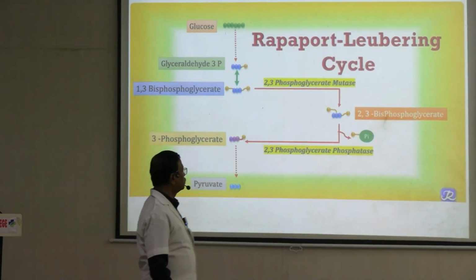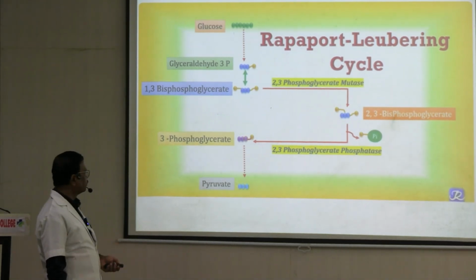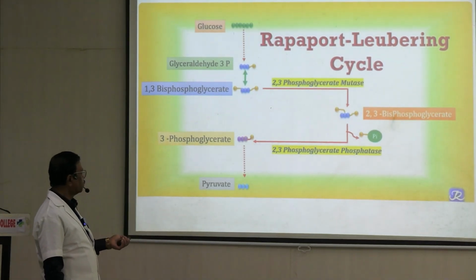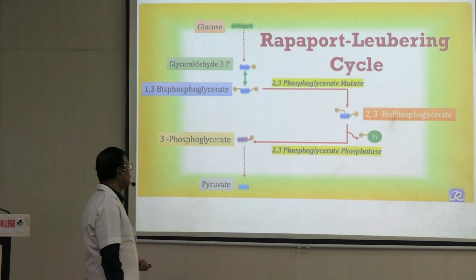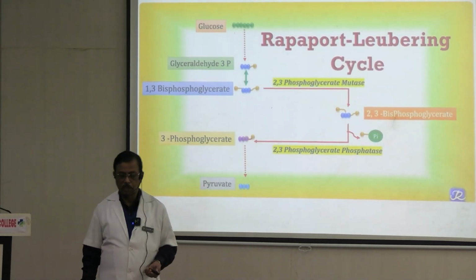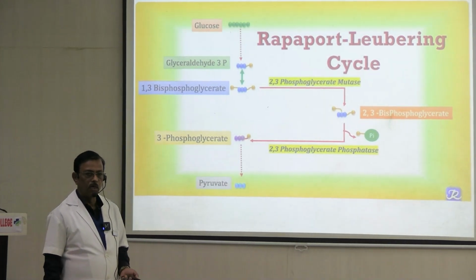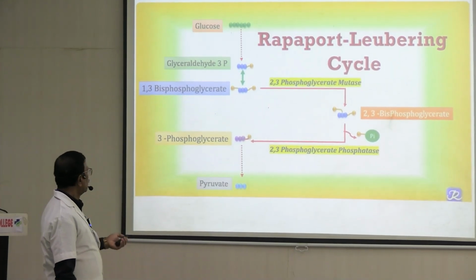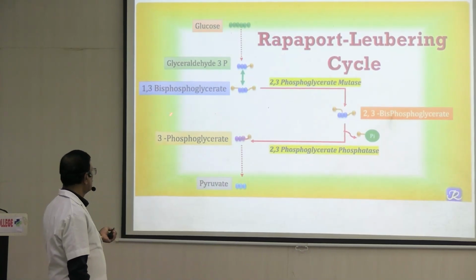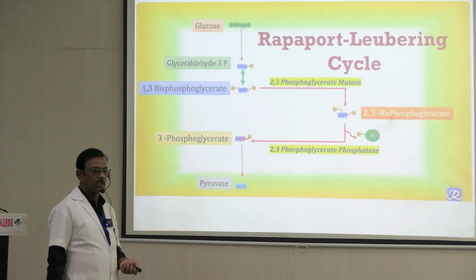Now how is 2,3-bisphosphoglycerate converted into 3-phosphoglycerate? By the enzyme 2,3-bisphosphoglycerate phosphatase. Phosphatase is the enzyme which cleaves the phosphate group from the substrate. So again, from 2,3-bisphosphoglycerate, 3-phosphoglycerate is produced, and further the rest of the glycolytic pathway is followed.